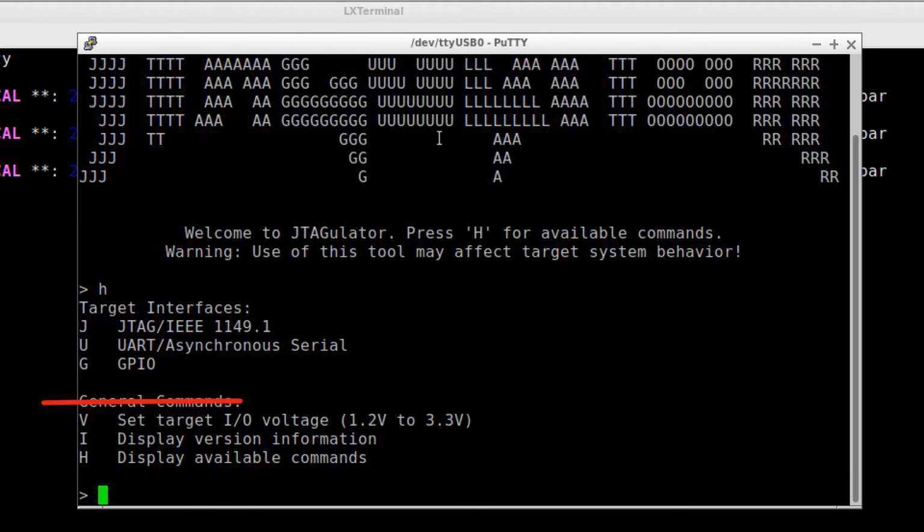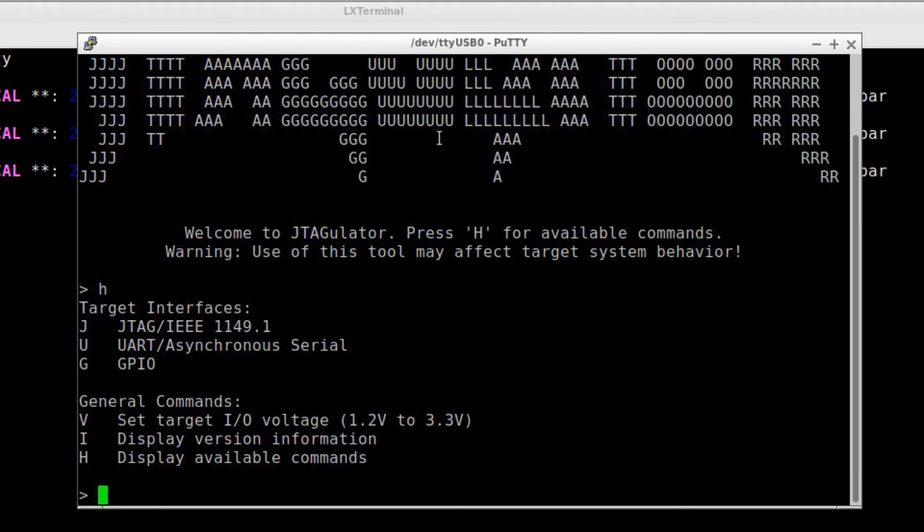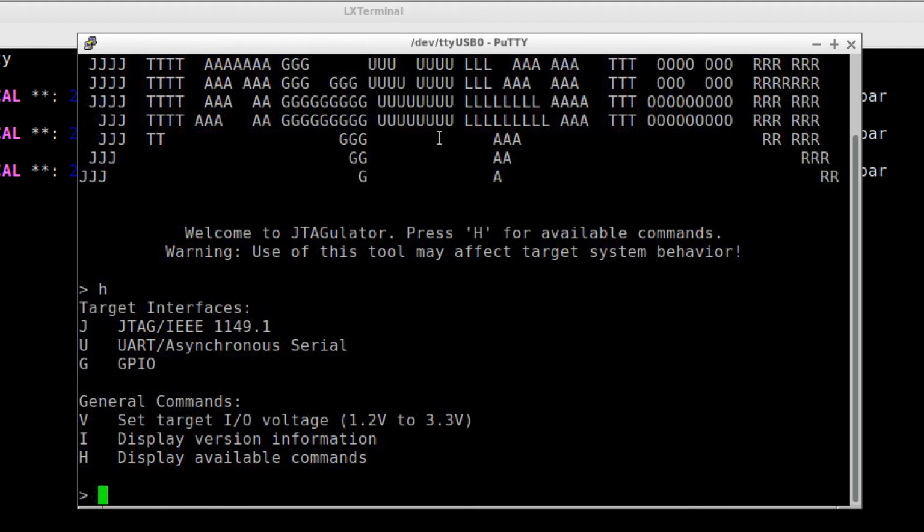General commands to set the target system voltage, to read all channels as input or to write to all channels as output. Then we have commands to identify the UART pinout or talk directly to the UART from our terminal emulator. We have seen this part in the previous episode. And then we have the commands to identify the JTAG interface pinout.